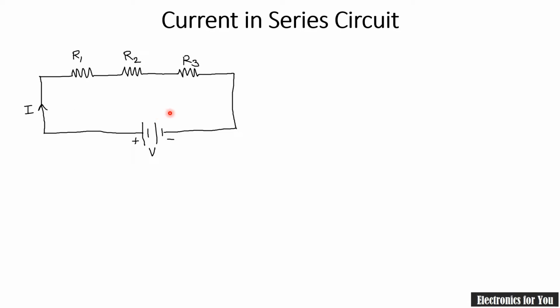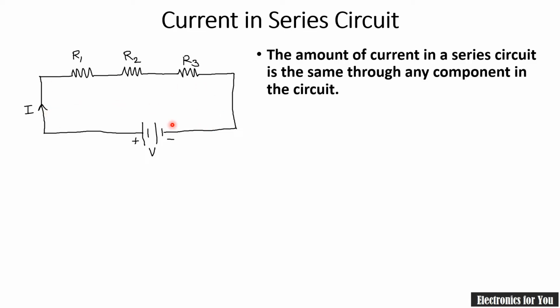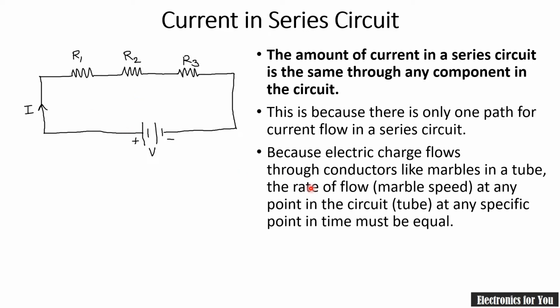First, current in the series circuit. Now this is our given series circuit, and in this series circuit only one single path for the current is there, and as only a single current path is there, only current I, let us assume it as I, will flow through this circuit. You can compare it with marbles in a tube.